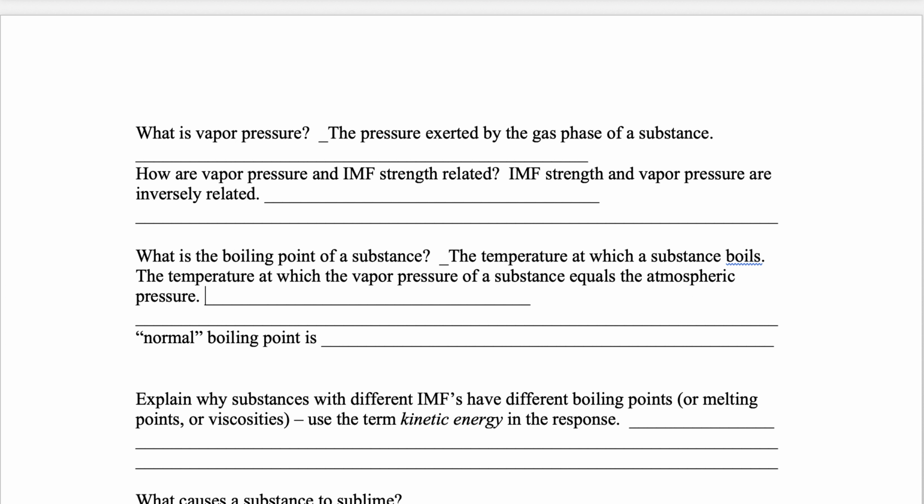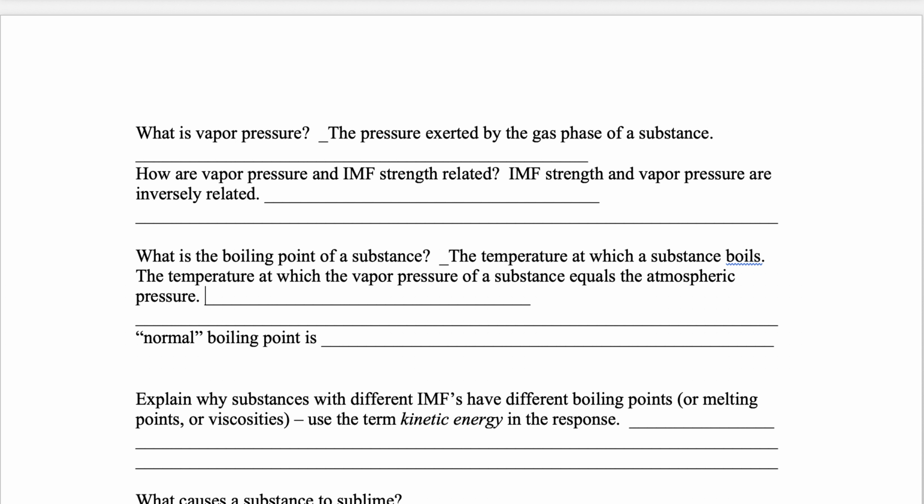So you're going to boil a beaker of water, or a bucket of water, or a pan of water, whatever. You put this beaker of water on the hot plate or the Bunsen burner, and energy starts to go into the water, and the kinetic energy of the particles increases.